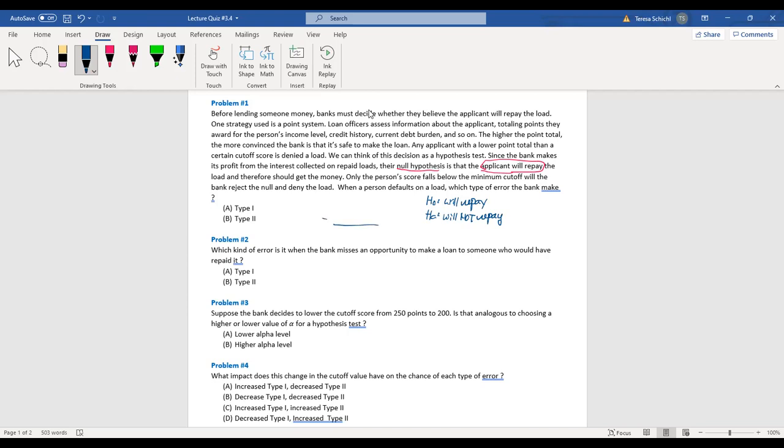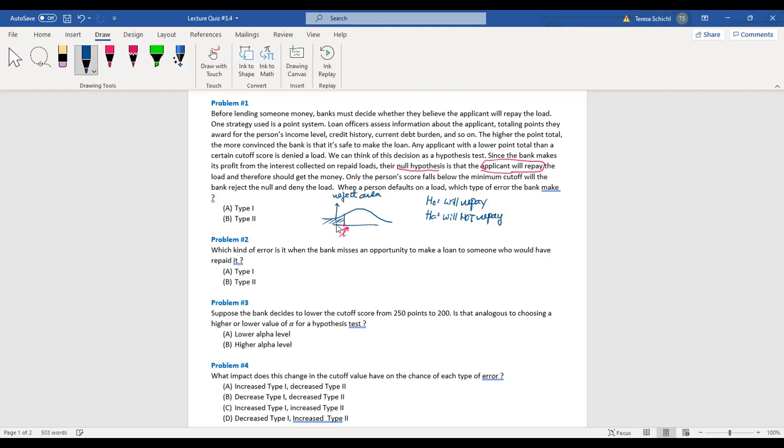Whatever the points are, I have a lower cutoff point, so this is my lower cutoff point. I can say it's x star, whatever the points are. And if they are lower than the lower cutoff point, they will be rejected. So this area is my rejection area, right?